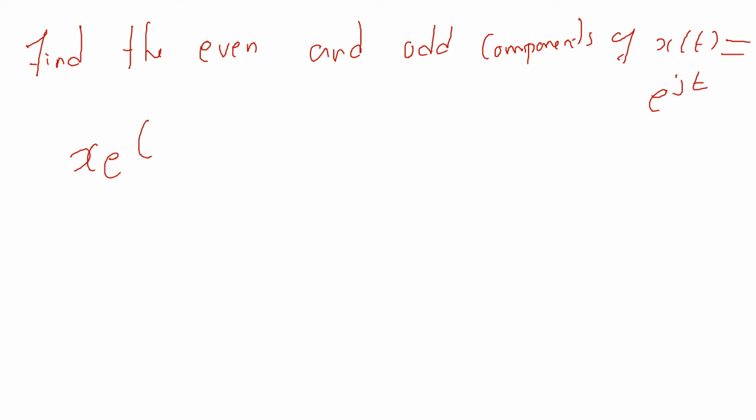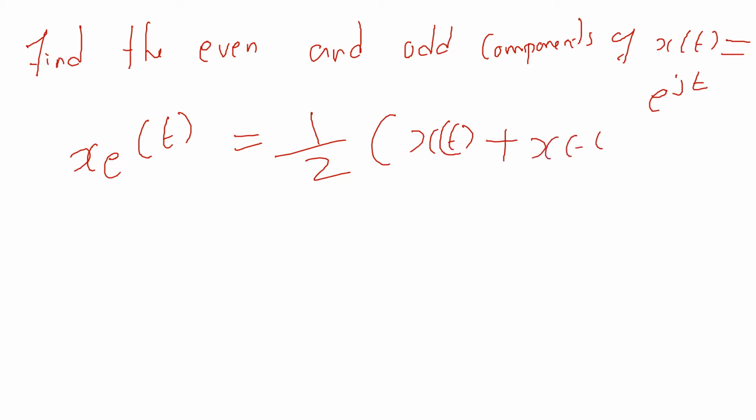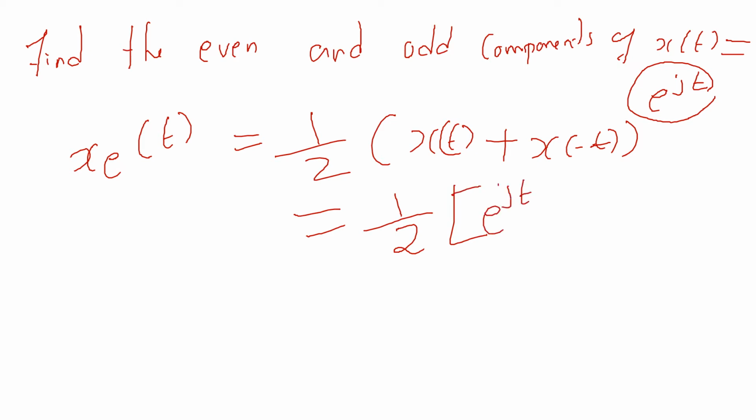Xe of t is equal to half times x of t plus x of minus t, right? What is x of t? e power jt, right? So xe of t can be written as half times e power jt plus e power minus jt.